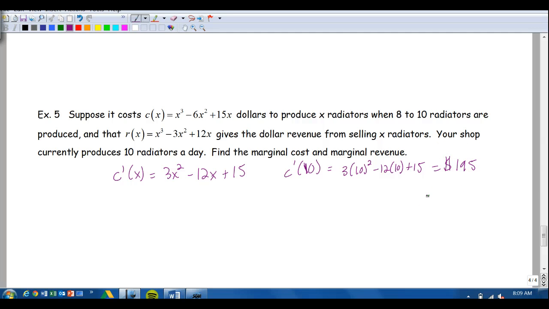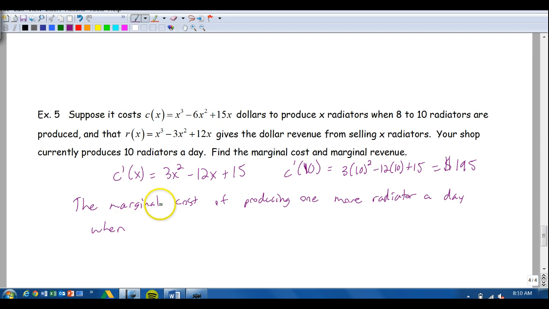So again, what that means is the marginal cost of producing one more radiator a day, when 10 are already being produced, that's the key, it's not any time, is $195.